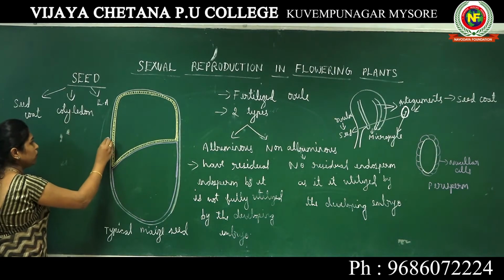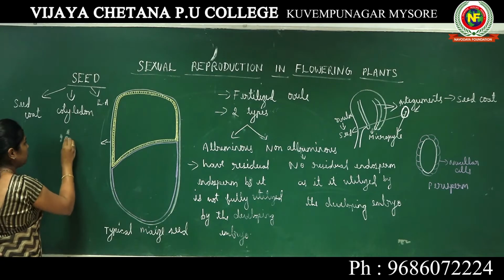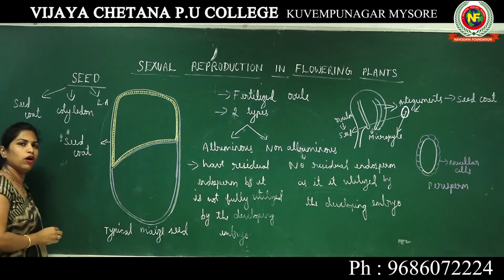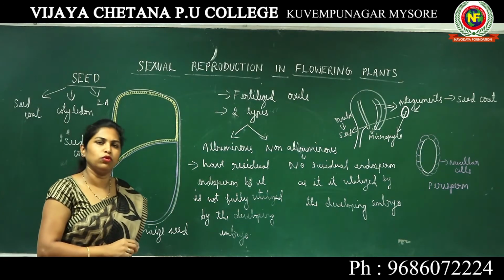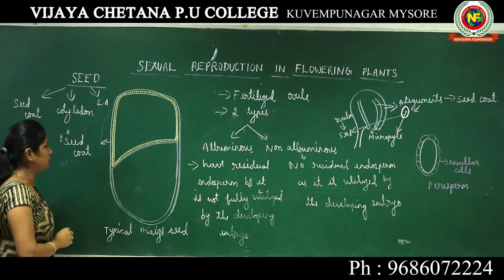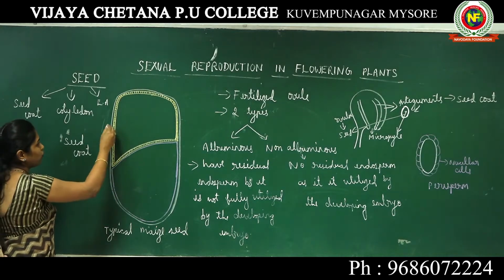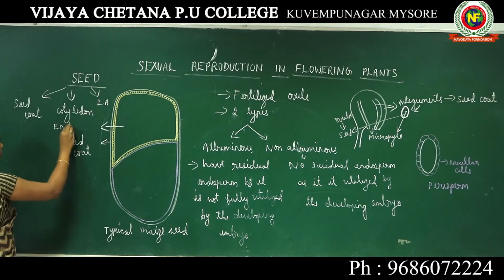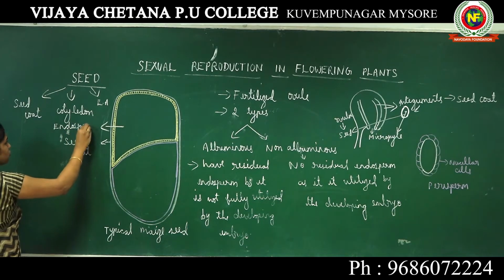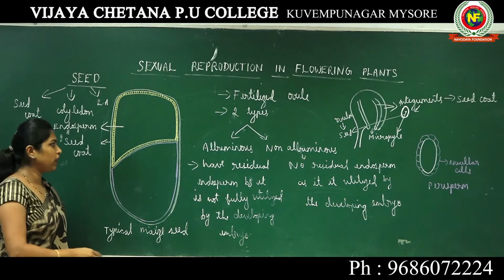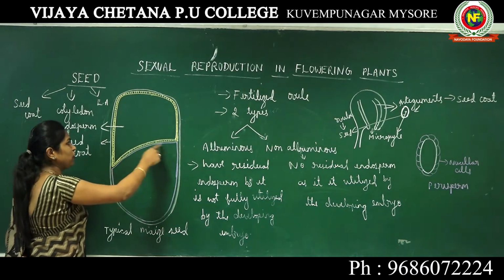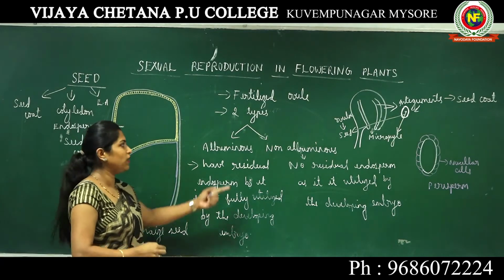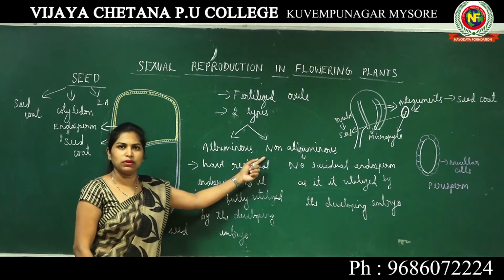As you all know, the outermost part of a seed will be the seed coat formed from integuments, both outer and inner integuments. And this part of the seed is known as endosperm. If you look into the seed, almost 50% of the seed is covered by endosperm. So what do we call it? We call it as albuminous or non-albuminous.